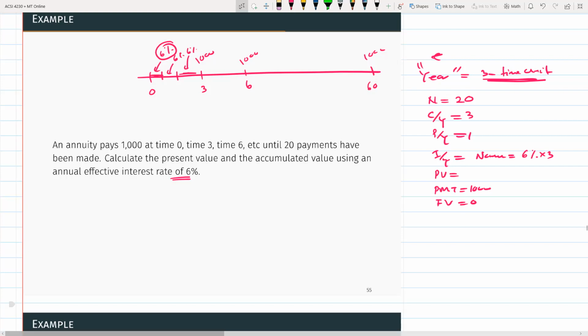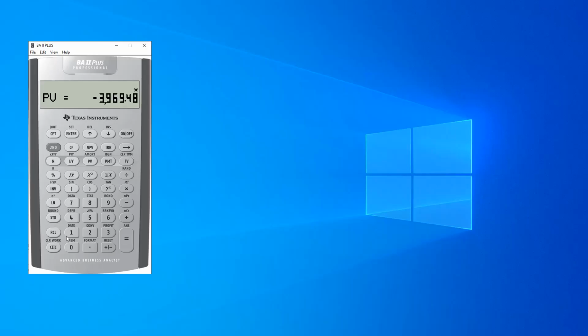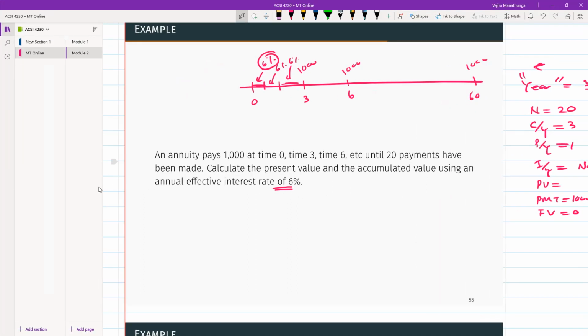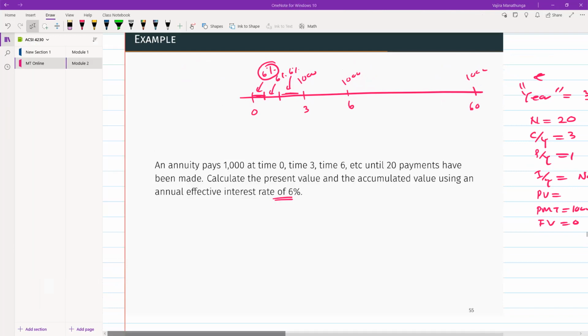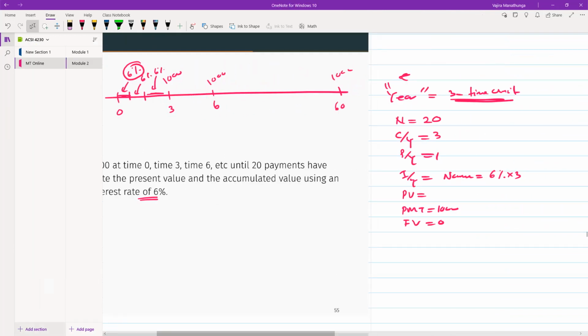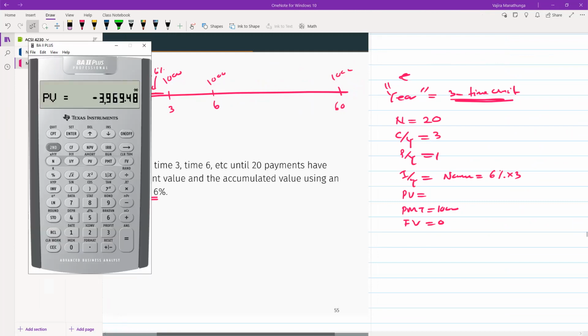Let's use our calculator. Second, reset. 24 N, 18 for rate, but then I have to set payment per year is 1, compounding per year is 3.